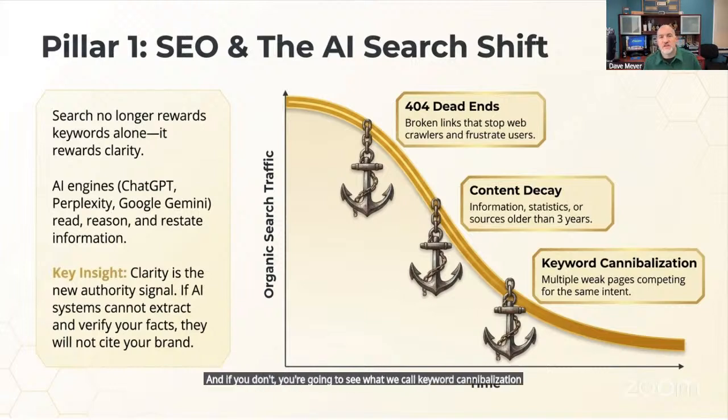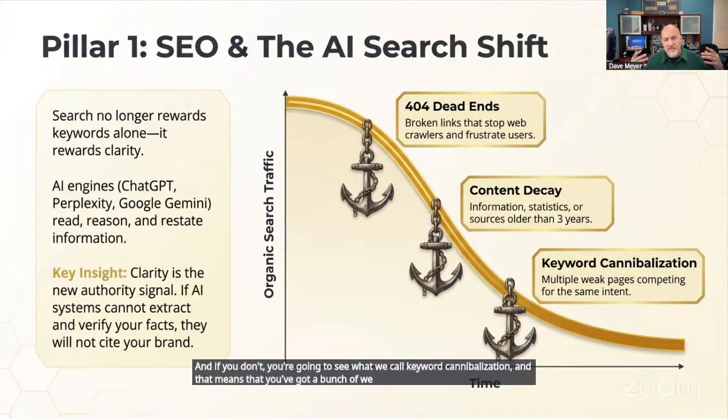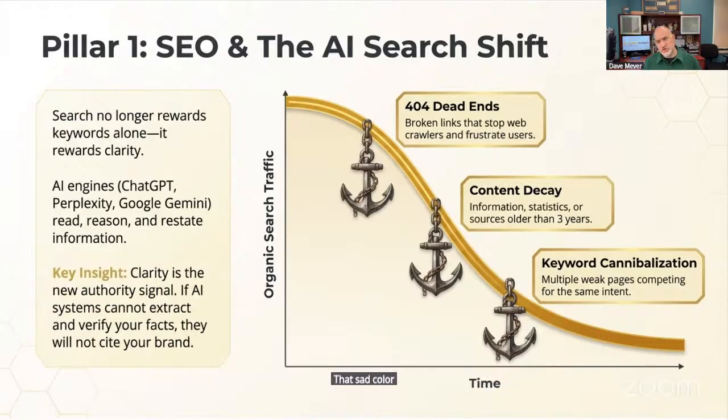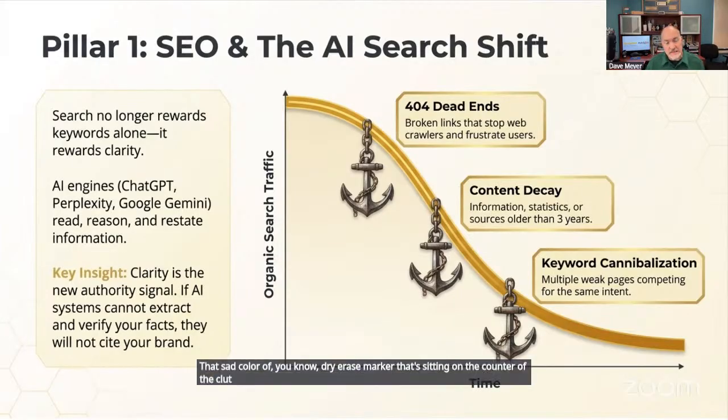And that means that you've got a bunch of weak pages that are really kind of battling each other, and Google or OpenAI are not going to have enough information on how to prioritize one over the other because they're both kind of, is it that sad color of dry erase marker that's sitting on the counter of the cluttered workspace, or a different sad color. So they won't know what to choose.